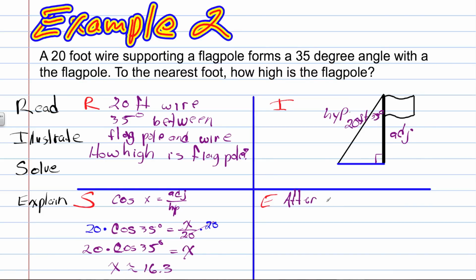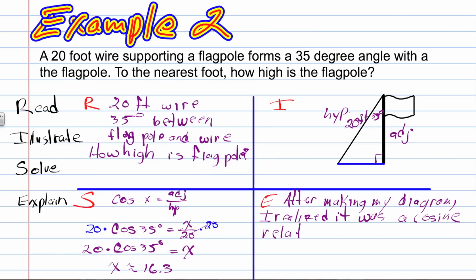After making my diagram, I realized it was a cosine relationship, and found the height of the flagpole to be about 16 feet.